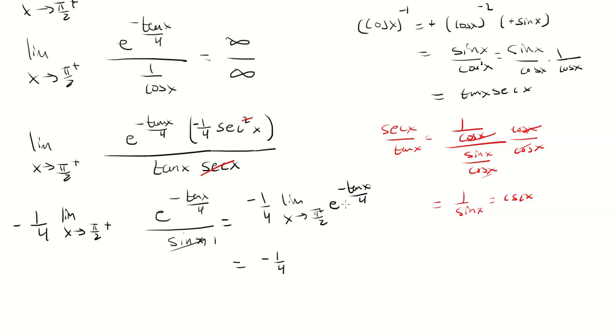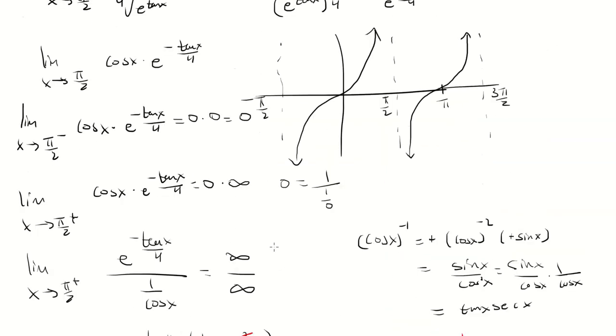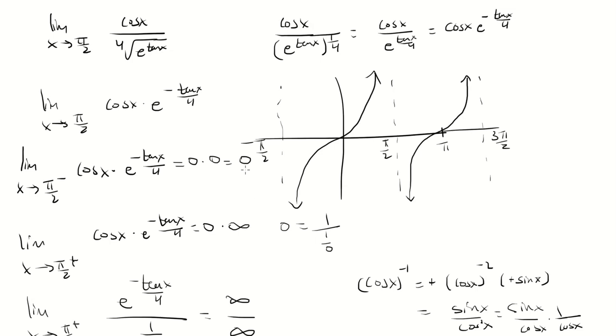You have e to the positive infinity goes to infinity, so you have a negative number times infinity, which should give you negative infinity. So in other words, as x approaches pi over 2 from the right, it's going to negative infinity. From the left, we said it's going to 0. So because the two limits are not the same, we say that the original limit does not exist.